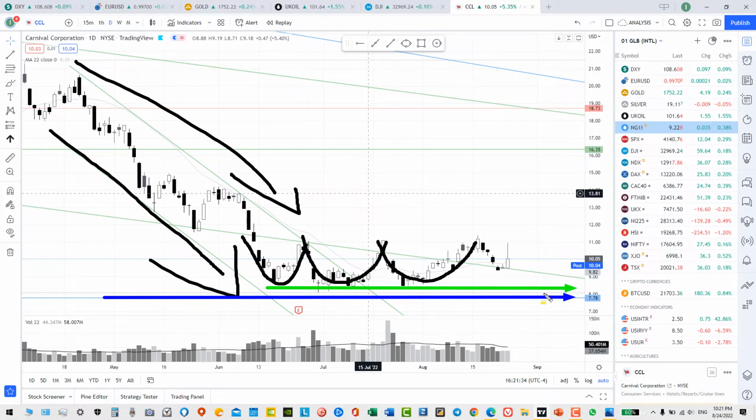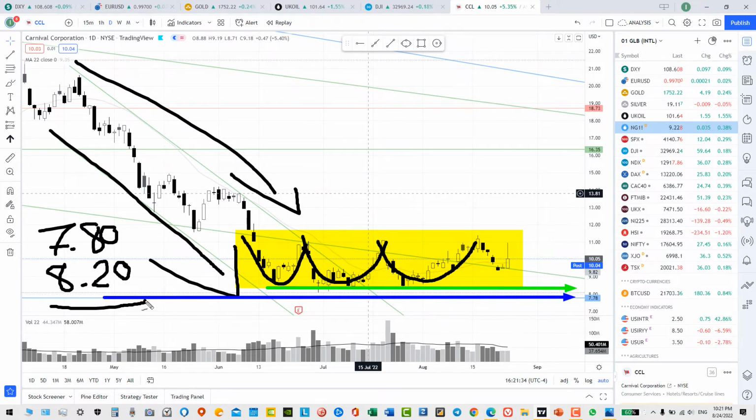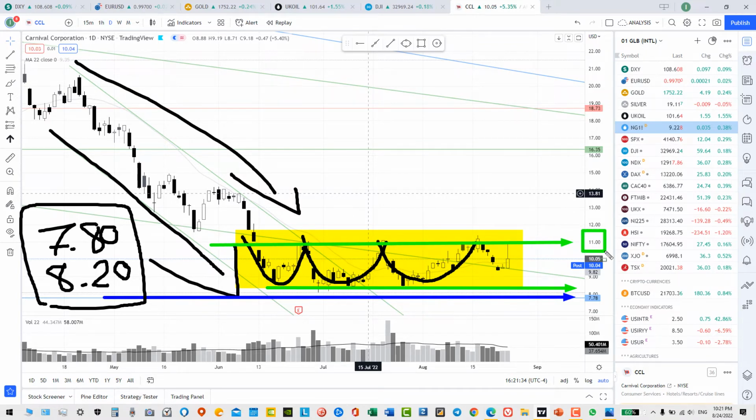So it is clear that the stock Carnival is starting to drift sideways a little bit, and it is respecting the support zone ranging from $7.80 up to around $8.15 or $8.20, which makes it around 40-cent thickness area, and its volatility is relatively high, and this pattern or this formation is having a very clear resistance around the $11 area.